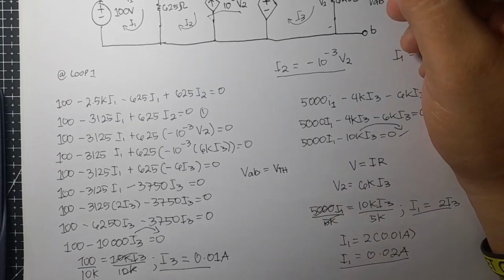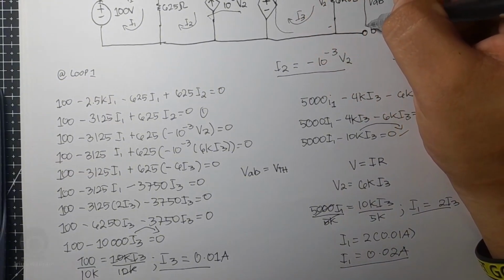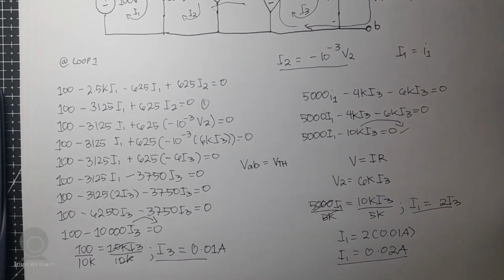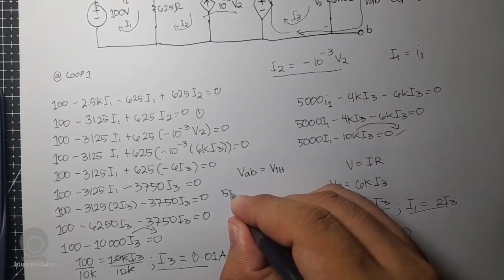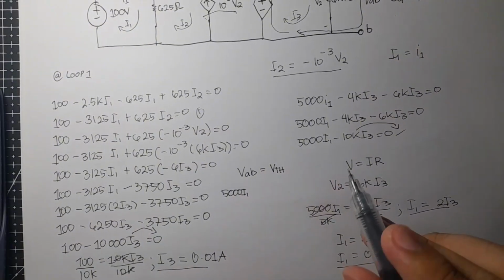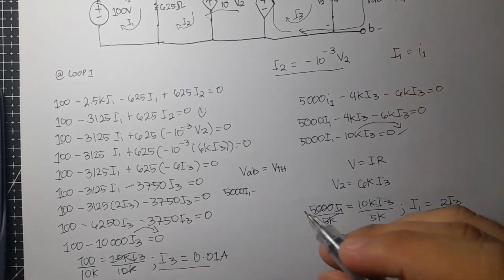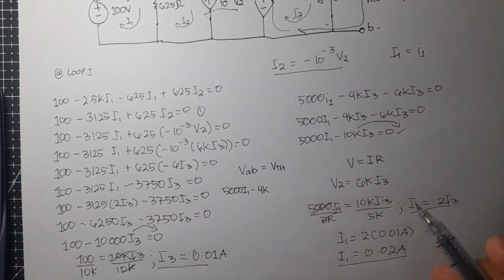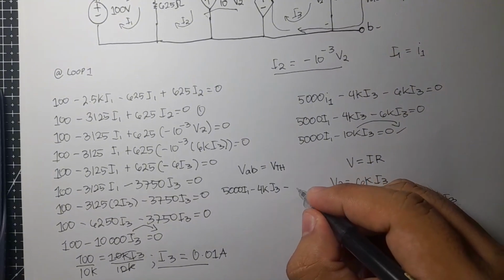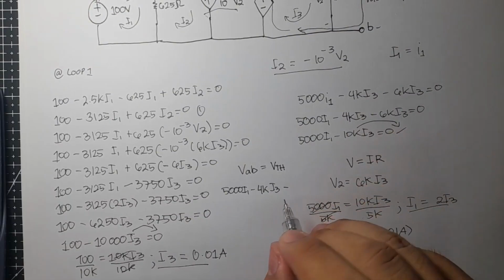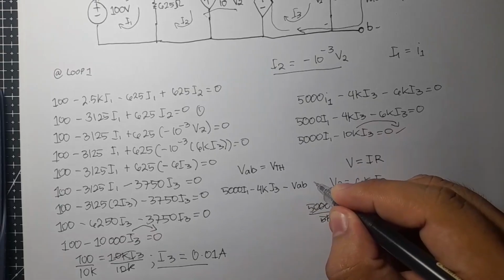So we just need to make the loop here, including the terminals A and B. So we will have 5,000 I1 minus 4K I3 minus VAB equal to 0. A is positive.